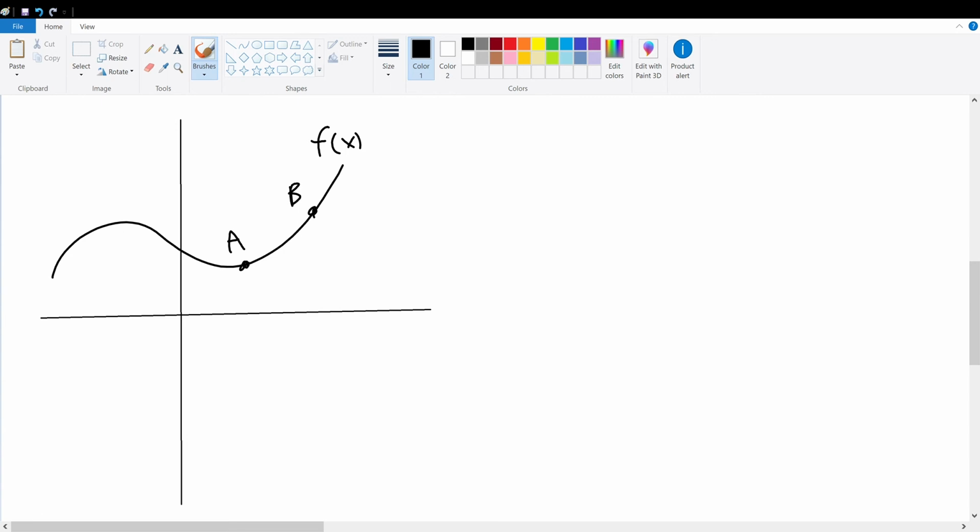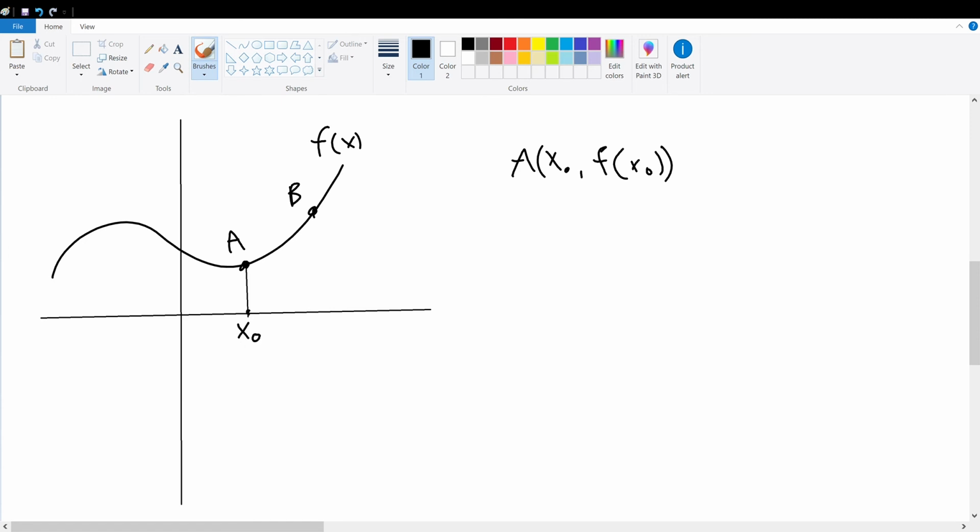So point A, let's say, has the coordinates x0, f of x0, because this black squiggly line, this black curve, is simply f of x. So the value of x for point A right here will be x0.